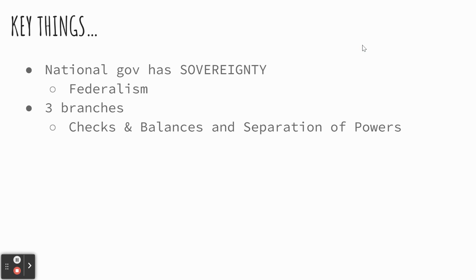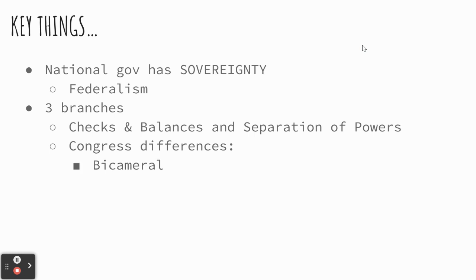Each of the branches would be doing something different in terms of governing, and there were checks and balances that each could have against the other to prevent another branch from abusing its power. The only branch that's common between the Articles of Confederation and the Constitution is the legislative branch.